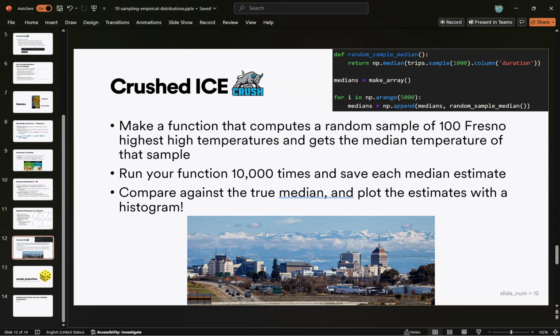I think you will notice something cool. Can we scroll?